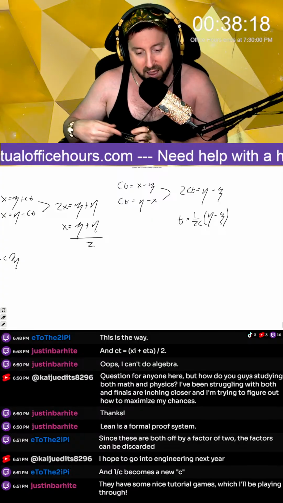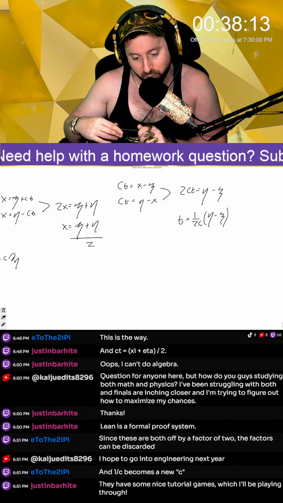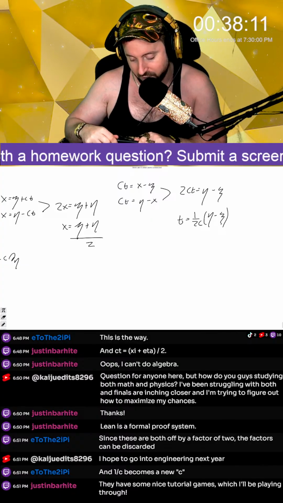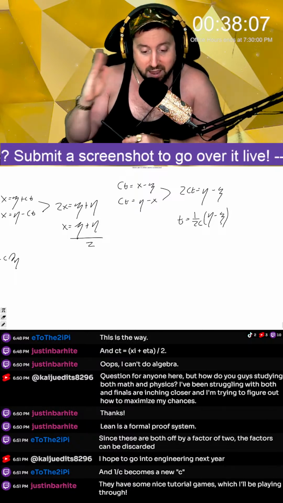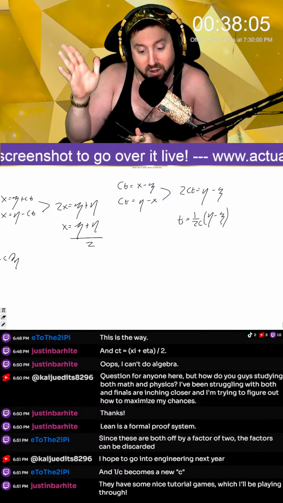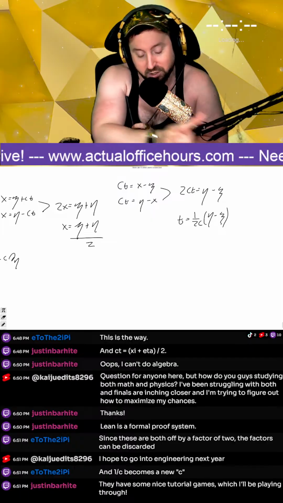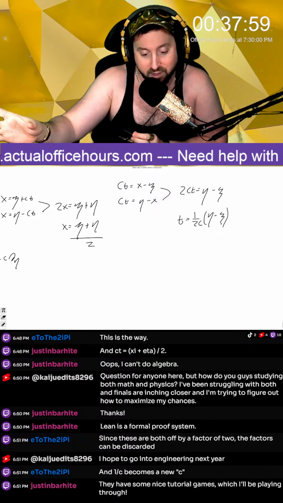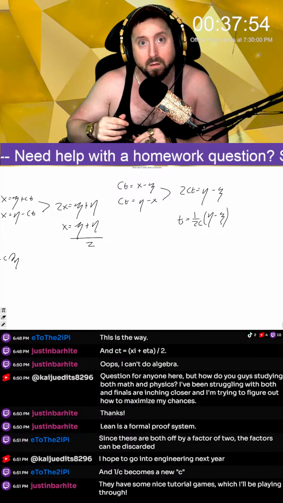Math and physics is very much an applied class. So doing problems will help build up that muscle memory for similar problems on tests, and also you'll get good at pattern recognition, saying, oh, this is this type of differential equation, I need to use this type of solution, or this is this type of physics thing, I'm going to use this conservation law. That's kind of my advice for it.